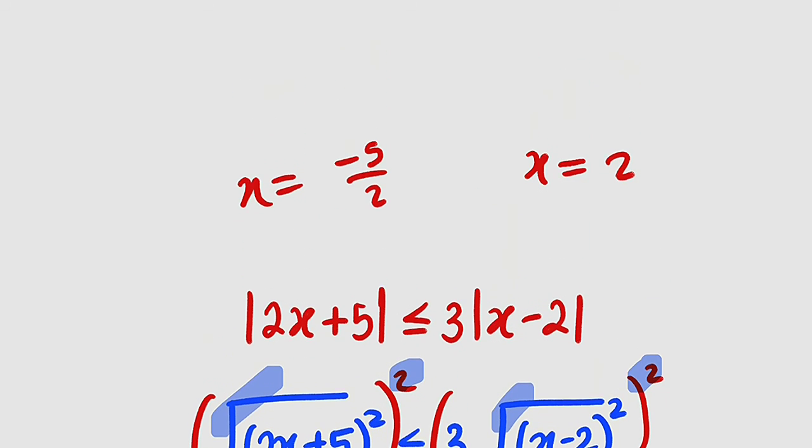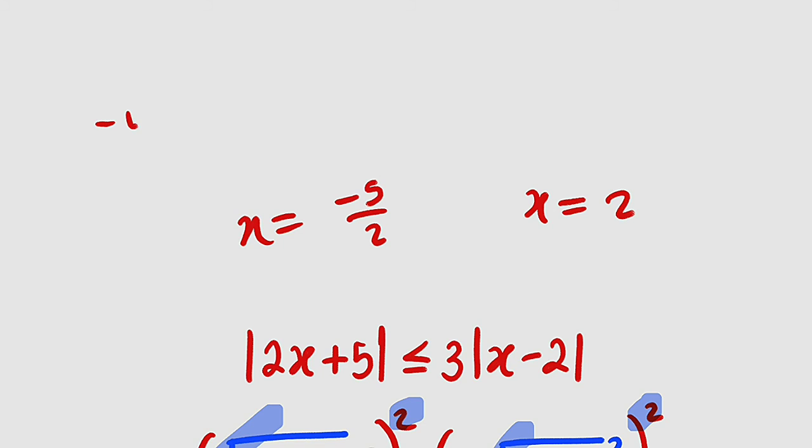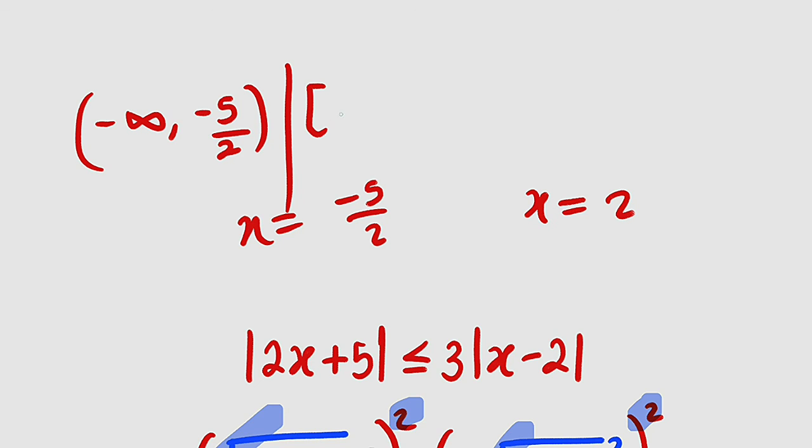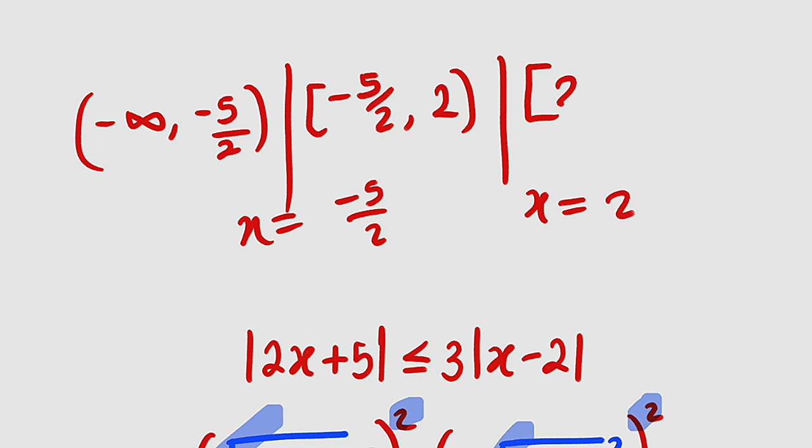So you form three intervals: from negative infinity to negative 5/2, then from negative 5/2 to 2, and lastly from 2 to positive infinity.